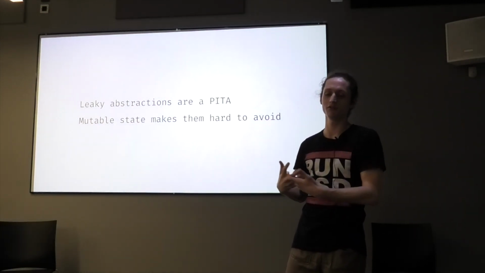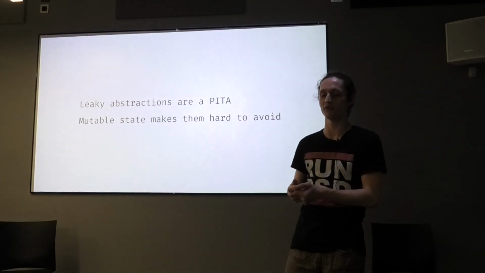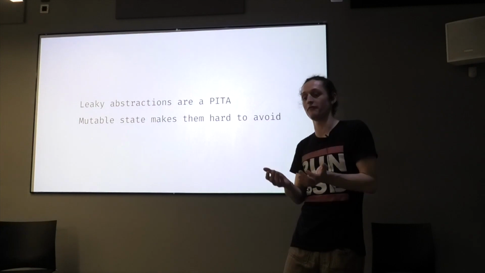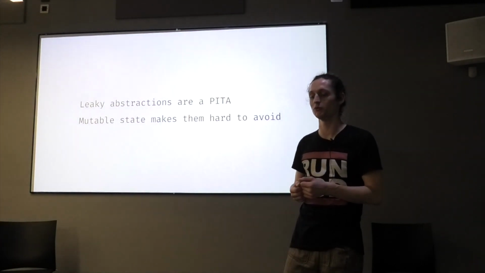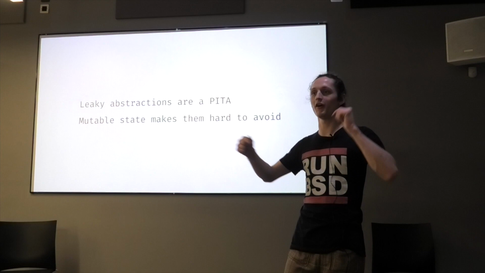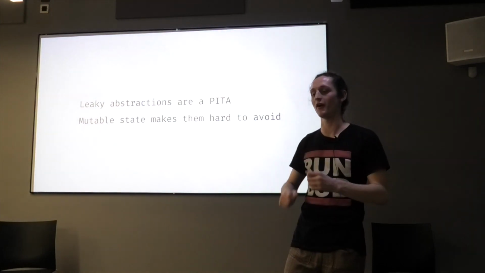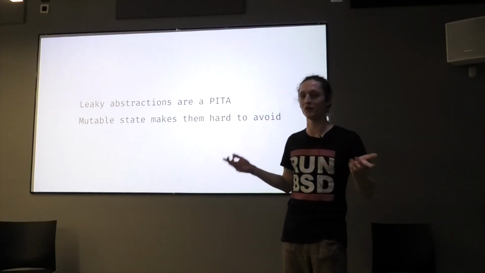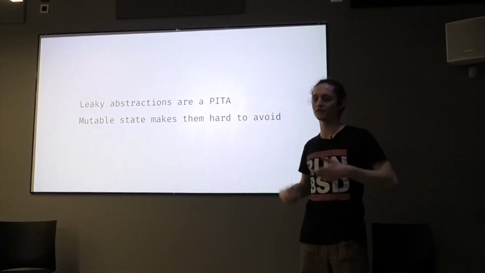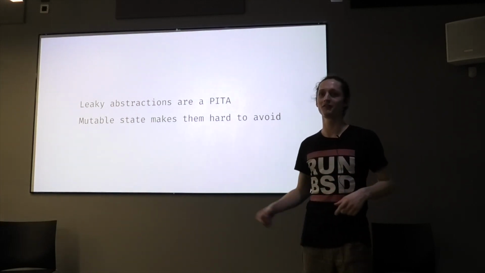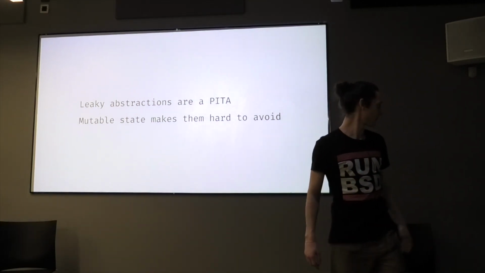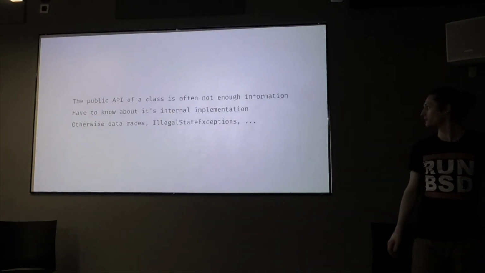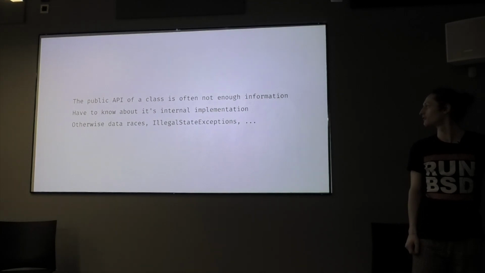Obviously, everyone knows to avoid things like global variables, but more subtly, within the confines of a particular object, for example, the fact that a particular method might mutate something within that object means that you can't invoke that method in parallel. And unless you have good documentation saying that that is the case, someone might think, oh, this should be fine, right? And you'll end up with problems. Yeah, data races, illegal state exceptions, terrible, terrible pain.